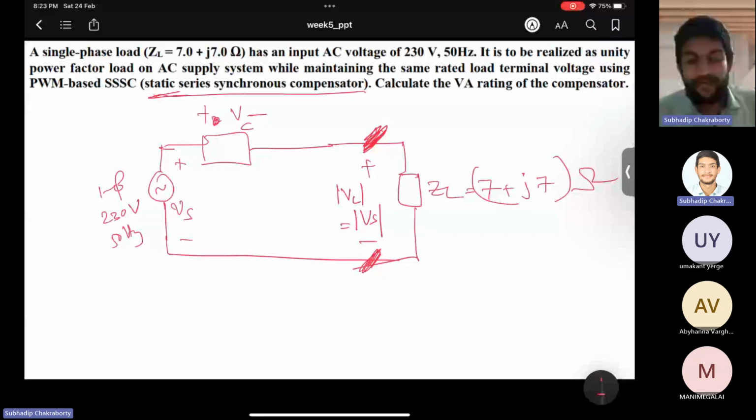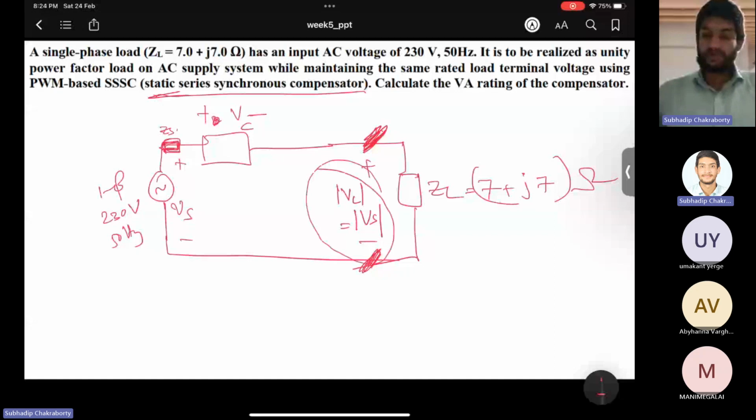And for example, assume you have some source impedance also, for which you need the voltage regulation at the load point. So in that case, what is the magnitude of voltage, or the volt-ampere rating, it is asking you to calculate?